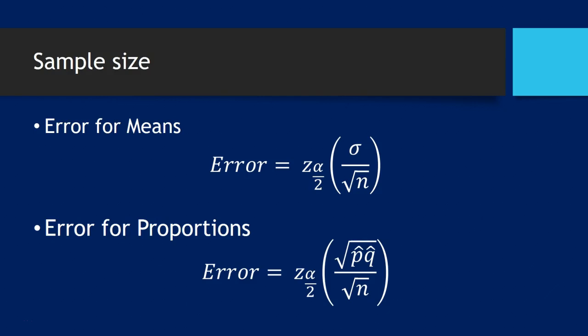But I point this out because we do not have a worst case scenario when we're talking about averages. There's no bound on the standard deviation. So when we're talking about averages, we do have to deal with a previous study, so we have to have a standard deviation from some previous study.